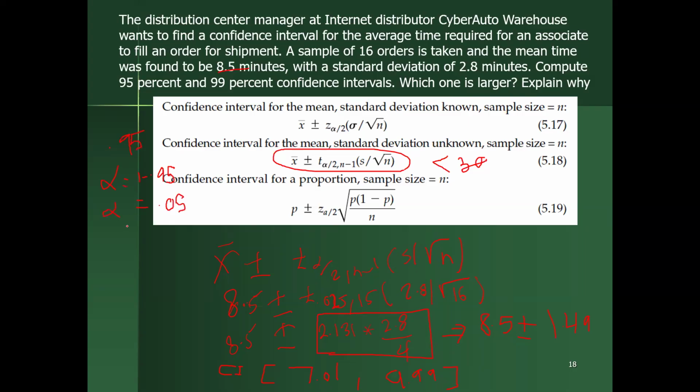This is alpha. So alpha over 2 is equal to 0.05 divided by 2, so it's 0.025. This is how we decide the alpha and alpha over 2. So I need the t for 0.025 and n minus 1. N is 16, minus 1, 15. The standard deviation is given, 2.8, divided by the square root of 16. So now I need to find this value to be able to find the confidence interval.